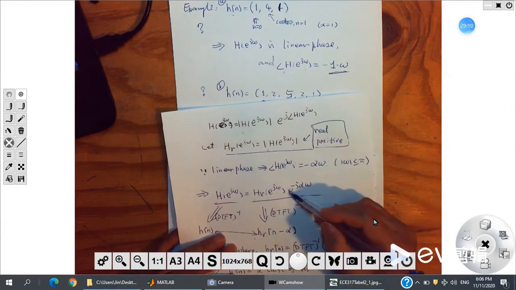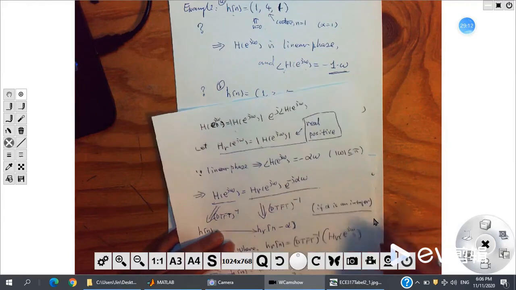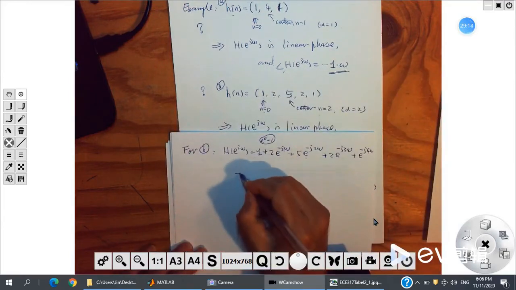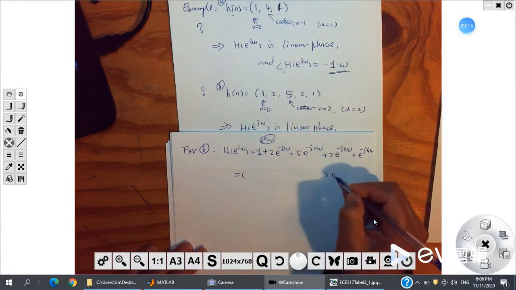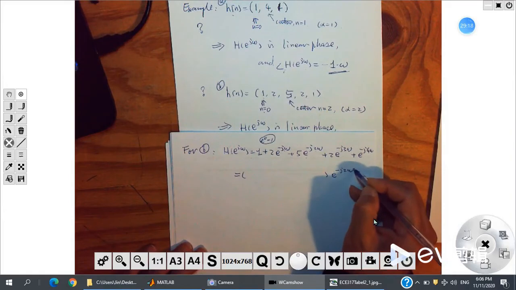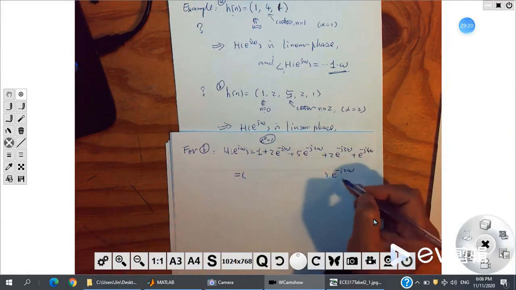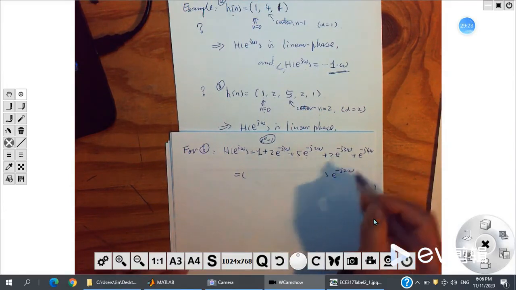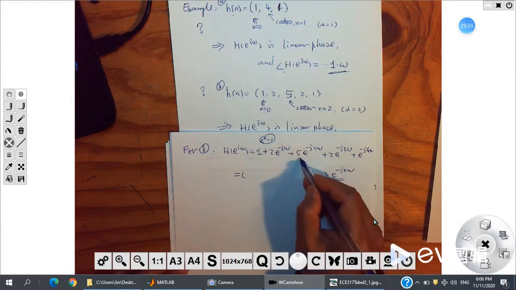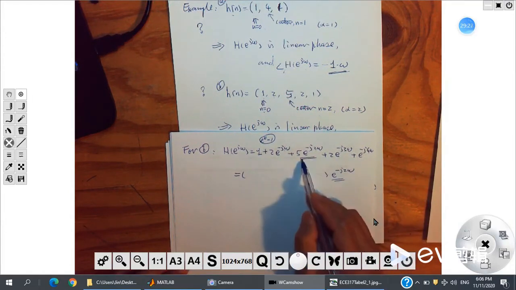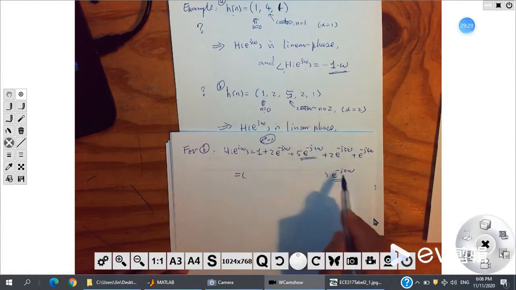So we have e to the negative j 2 omega. We hope we can find something that looks like this, and what is it? It is just the middle one. I have this term in the middle, and I move it outside.